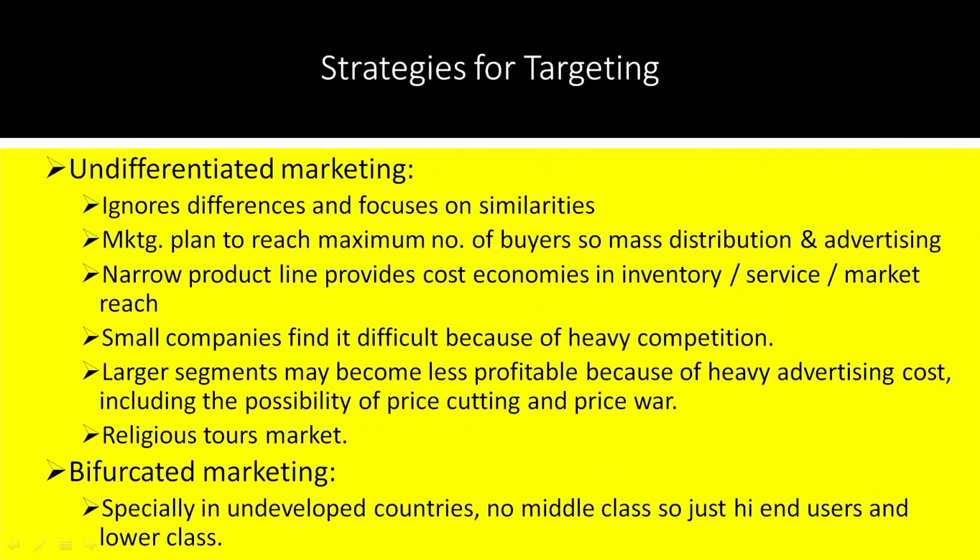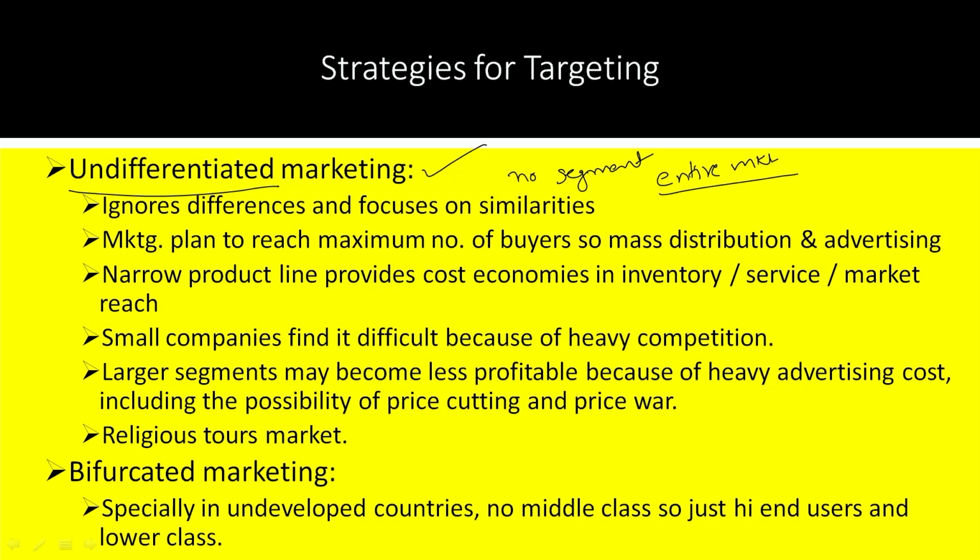Now, what are the strategies which companies follow while doing targeting? Number 1 is undifferentiated market. The name itself suggests no differentiation in the market, which means no segment. It means the entire market has become one segment in itself.